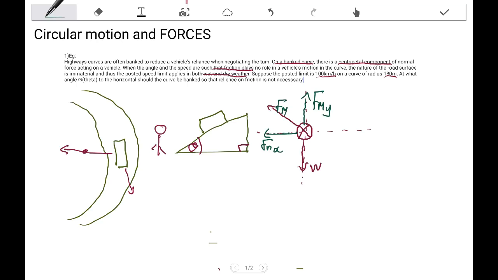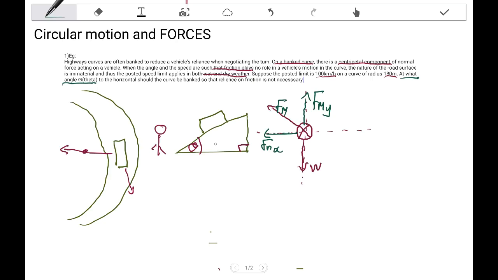So F normal is divided into two components, the X component and the Y component. Then the question asks: at what angle theta to the horizontal should the curve be banked so that the reliance on friction is not necessary?